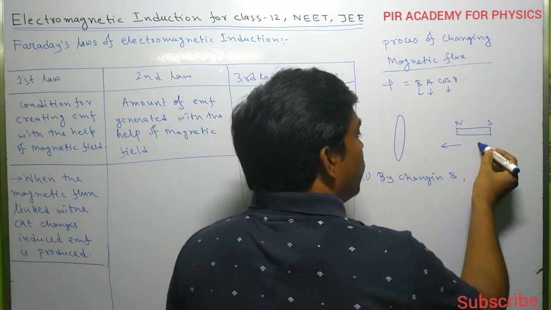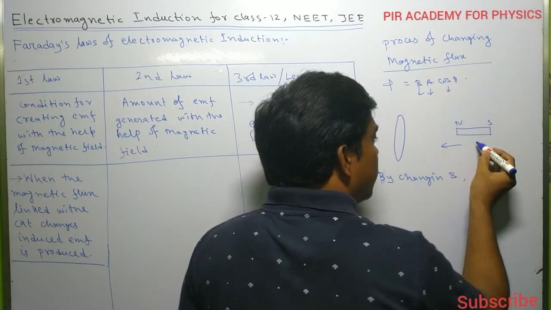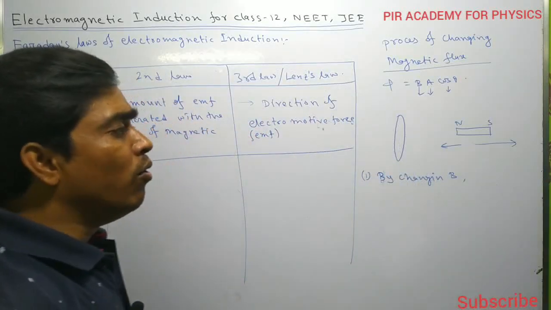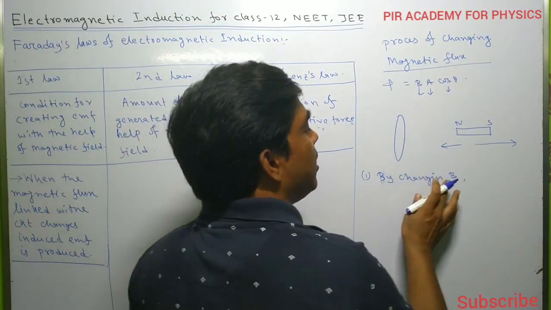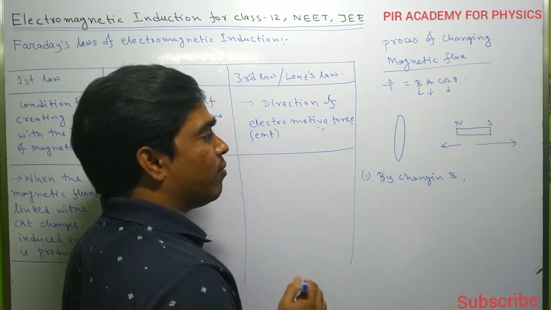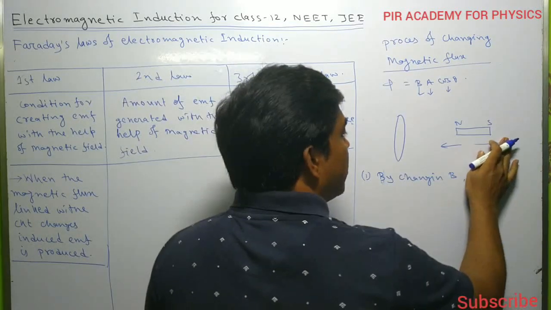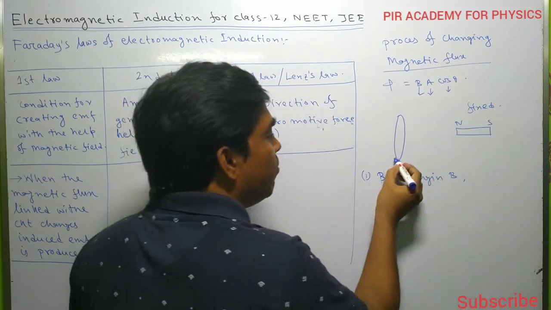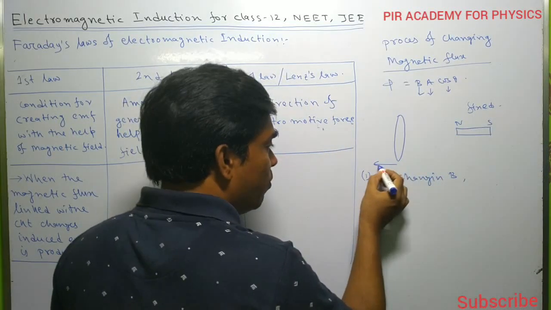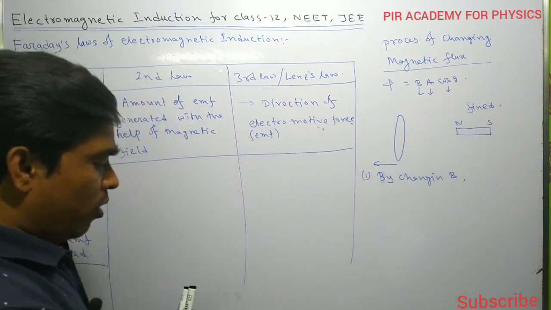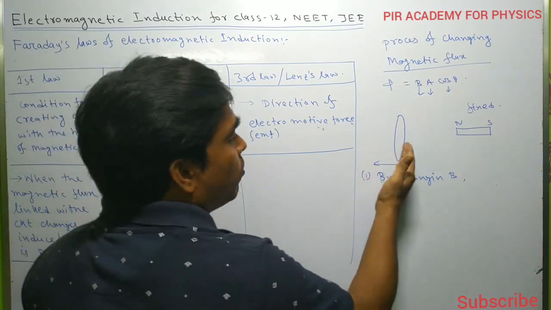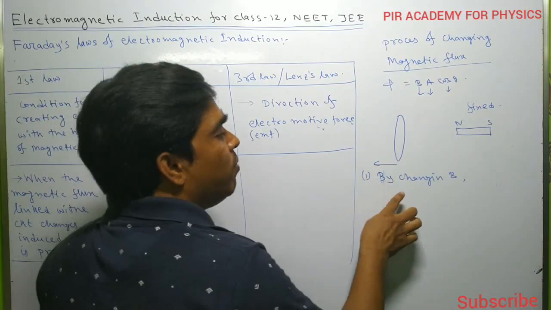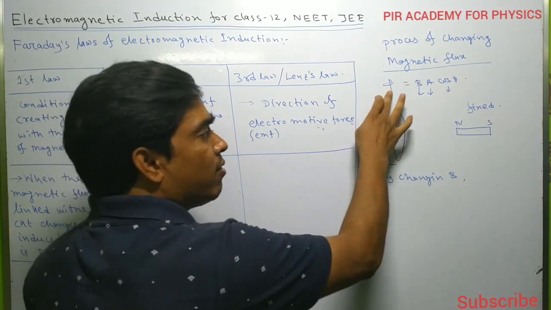Or if this bar magnet moves away from this loop, then there will be a change in magnetic flux. If this is fixed and this loop moves away from this magnet, then there will be a change in magnetic flux.